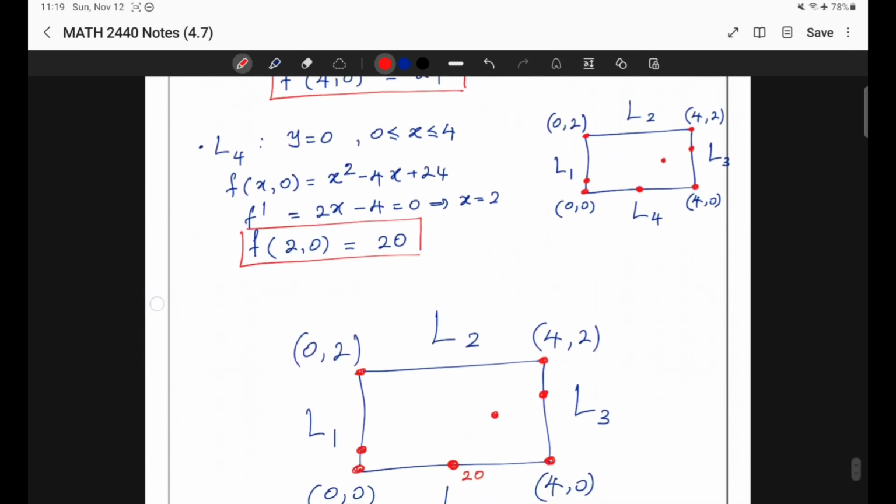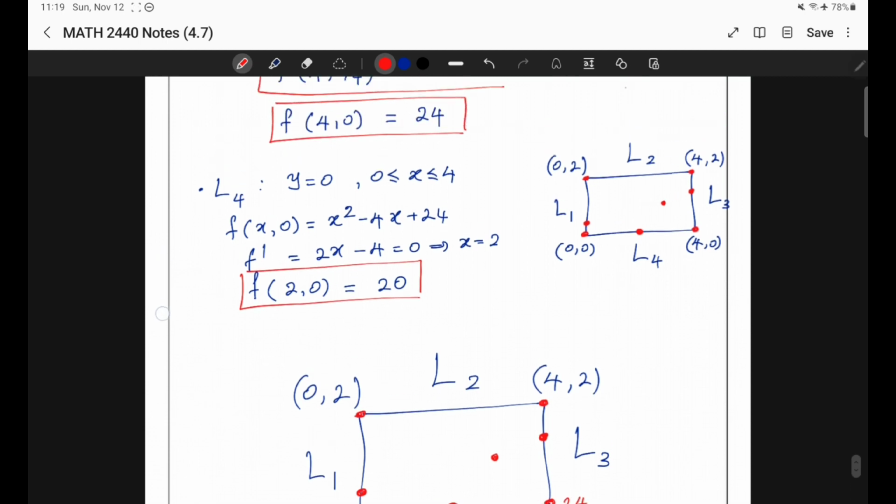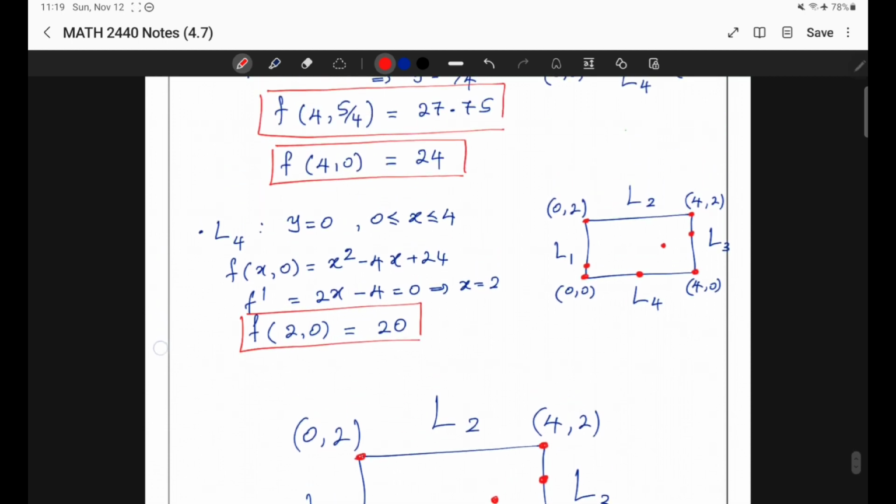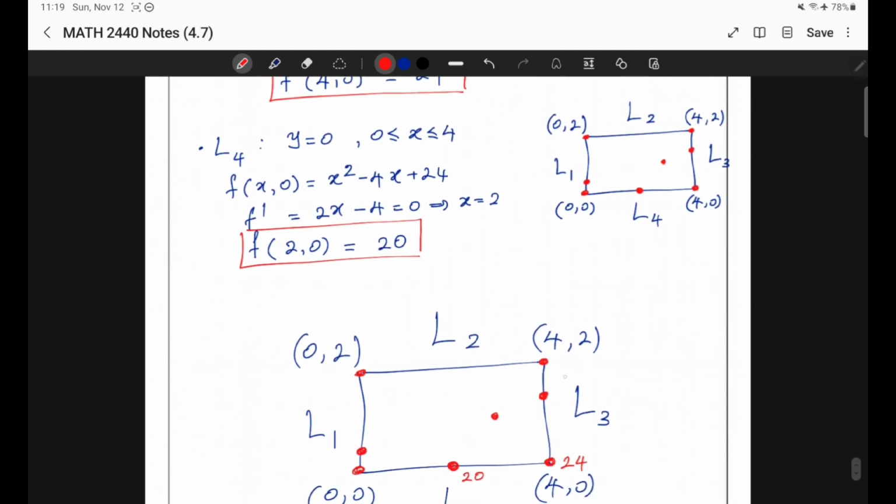At (4, 0), it's 24. At (4, 5/4), 27.75. Likewise, I'm going to fill all these points with the function values we found earlier. So this was a 20, this was a 36, 23.75, (0, 0) was at 24, and the middle critical point was 17.